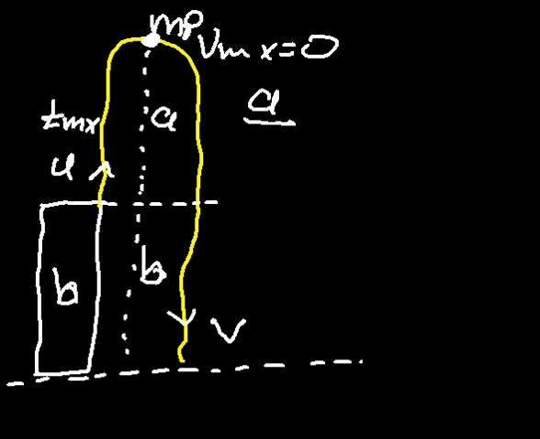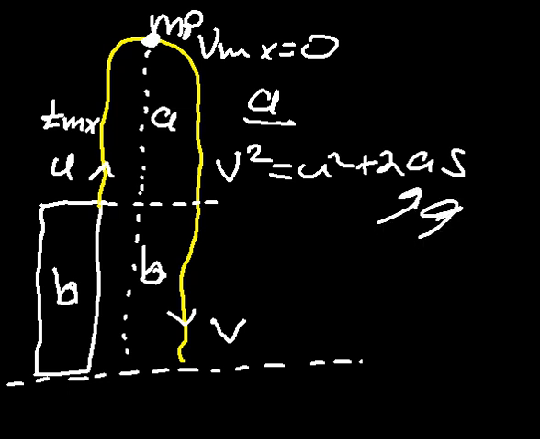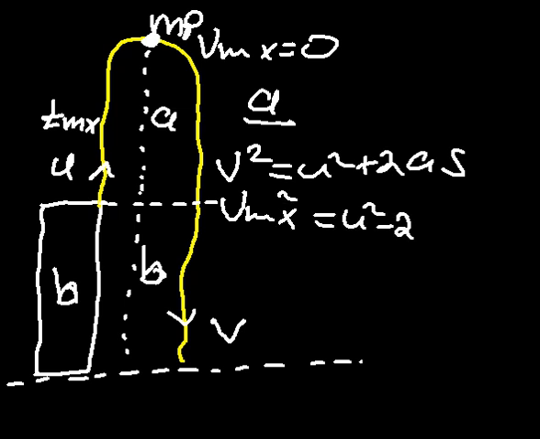That height will be calculated as we discussed: v squared is equal to u squared plus 2as, where a is the acceleration, s is the displacement, u is the initial velocity and v is the final velocity. So this is a Vmax. Have it as Vmax squared, which is equal to initial velocity squared minus 2g times a, where a is the height from this position to this position, as I have just symbolized.